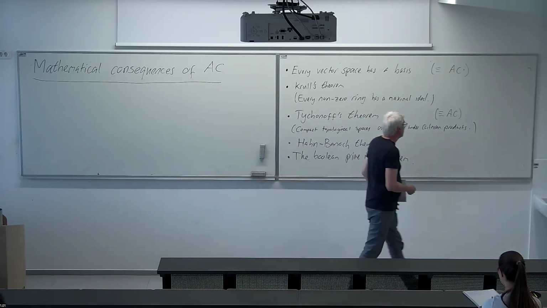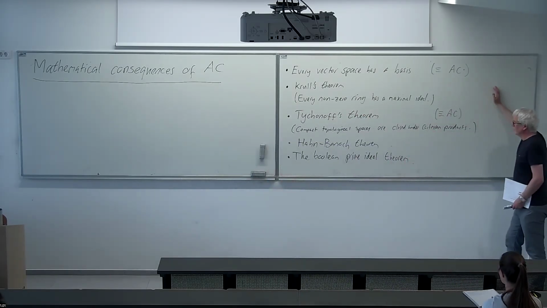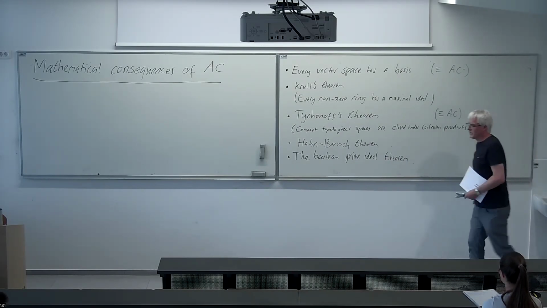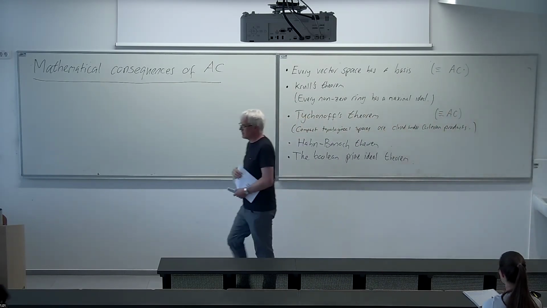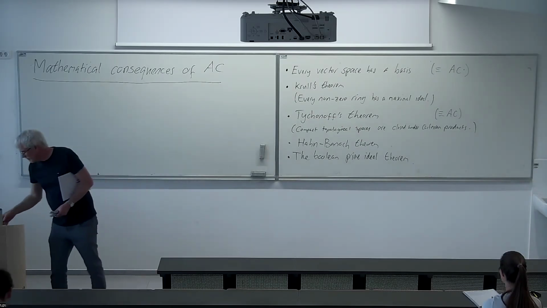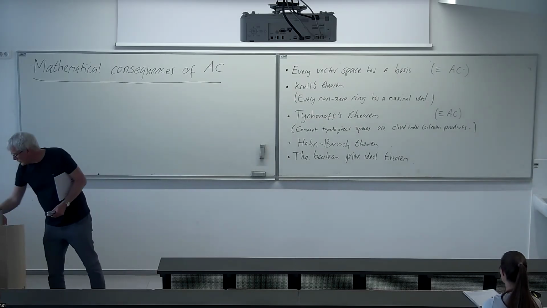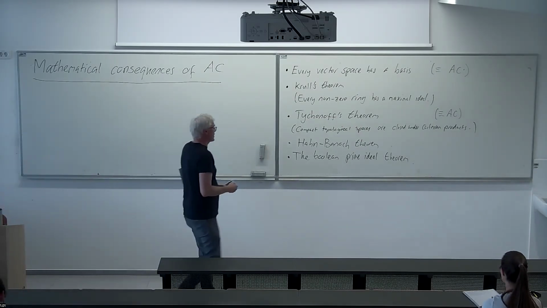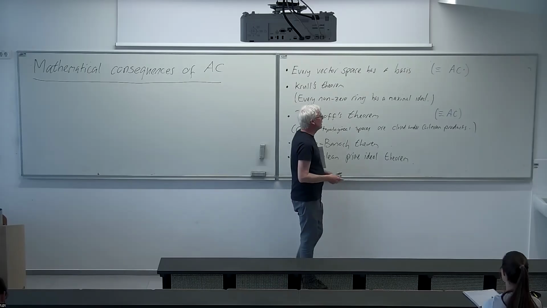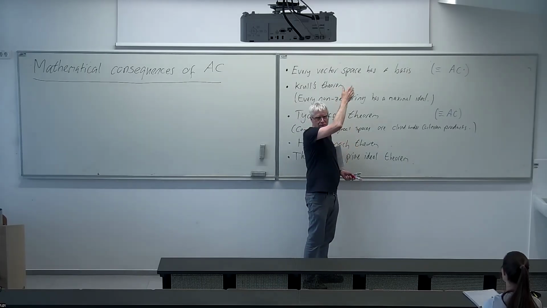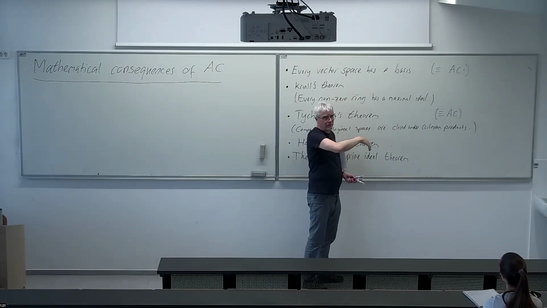And one can view somehow the consequence of this is that it would kind of be possible to do mathematics without choice. You would just have to, when you use a vector space, say, instead of for an arbitrary vector space, for an arbitrary vector space with a basis.